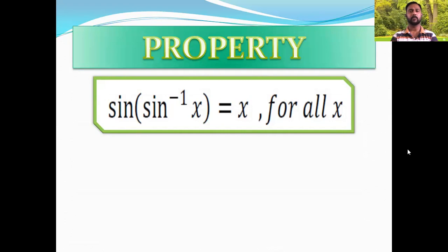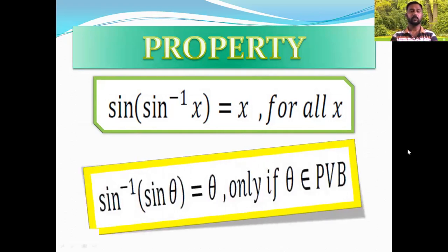This can be applied when the trigonometric function is the outer function, right? But when the inverse trigonometric function is the outer function, sin inverse of sin theta, here also you can cancel the inverse function with the function. Sin inverse sin is equal to theta. You can cancel only if the given angle theta is an element of the principal value branch.